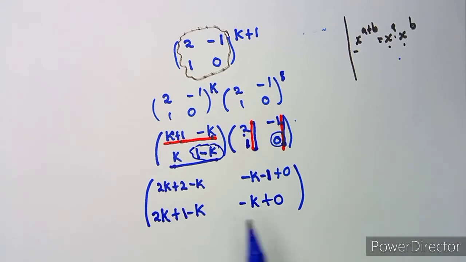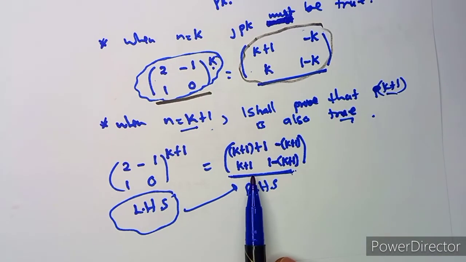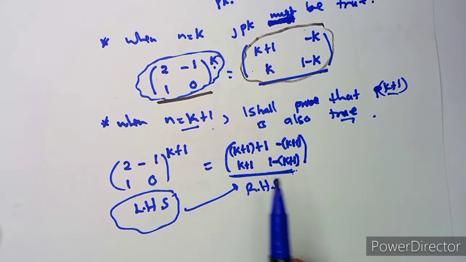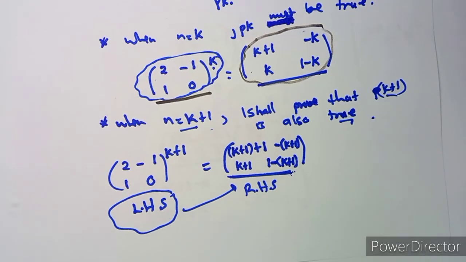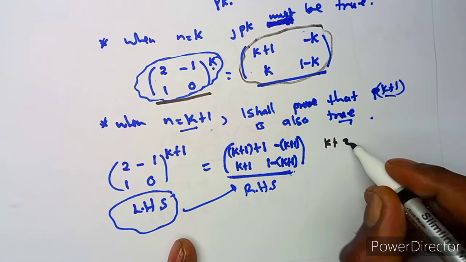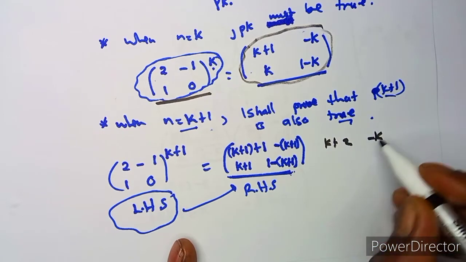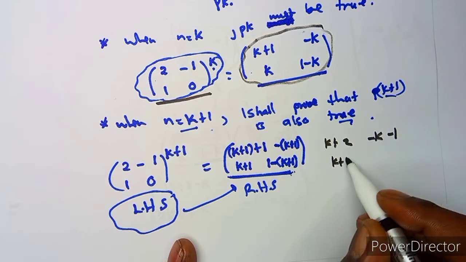So the question is, guys, remember the part that we have to prove. This is what you want to prove. So you must write your answer like this, or if it is simplified, maybe it can be like this. You expand the brackets. That's going to be k plus 2, and this one will be minus k minus 1, and this one will remain as k plus 1.